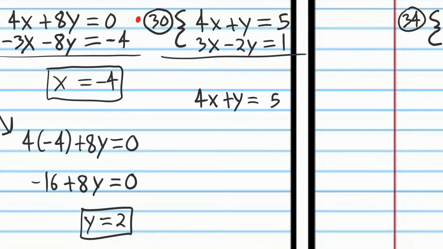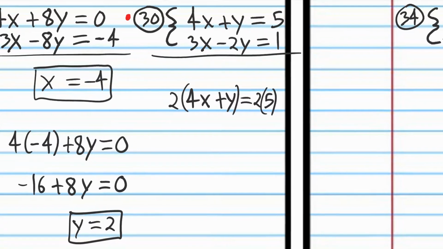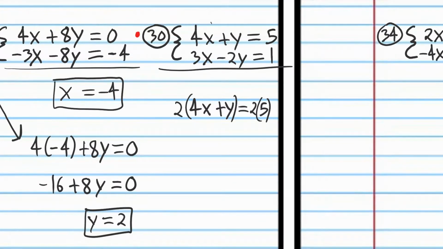I'm going to multiply both sides of the top equation by 2. I multiplied this side by 2 and I multiplied this side by 2.